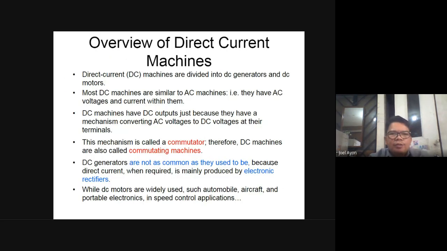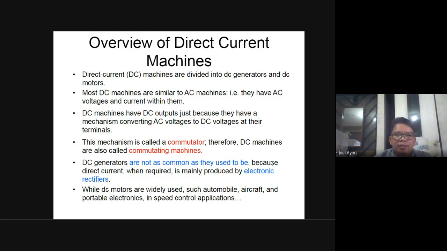Okay, so what are the rotating machines? The rotating machines are divided into, again, DC generators and DC motors. Actually, transformers, AC transformers or DC transformers, are also called machines. But in the context of our subject, we'll just focus on DC motors and DC generators as part of DC machines.